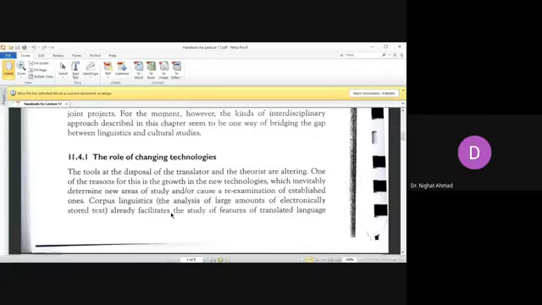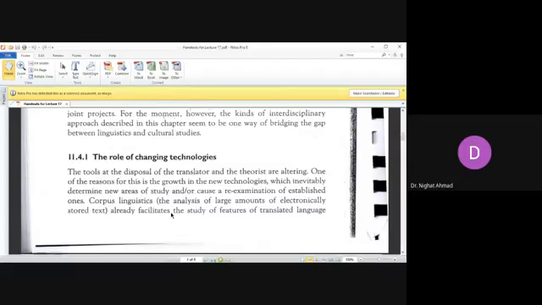So in itself, corpus linguistics is something new, used as a tool helpful in collecting data, specifically in the area of research in linguistics, where different large data are reserved or stored electronically.